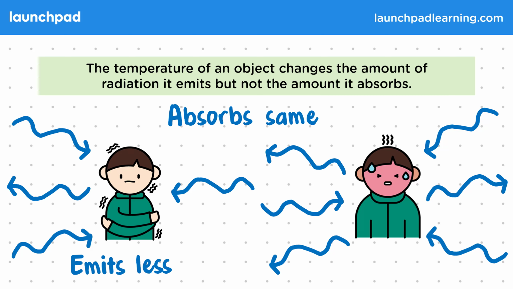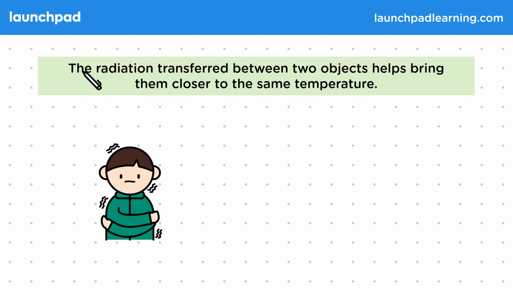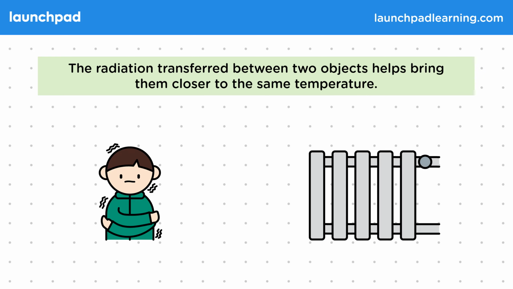Now let's look at what happens when we bring a warm and a cold object close together. The radiation transferred between two objects helps bring them closer to the same temperature. Let's now suppose we stand near a warm radiator when we're cold.